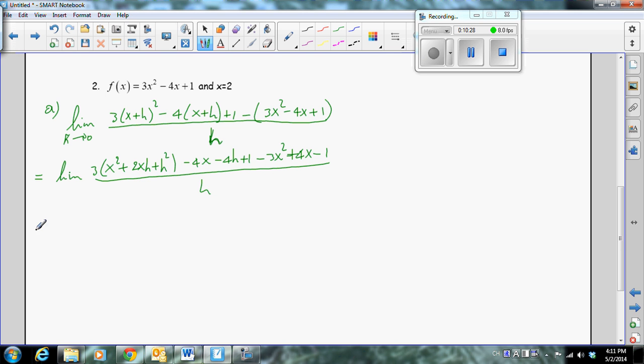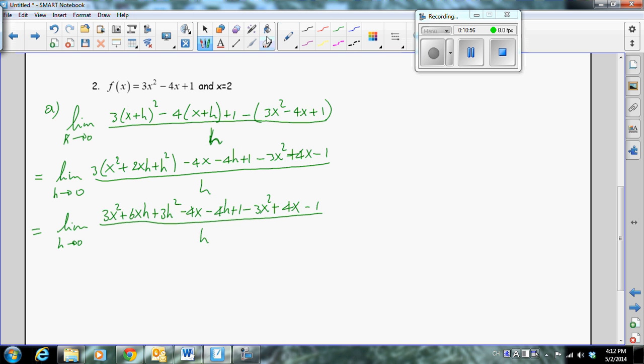I will do one more line with details. h still is going to 0. Limit as h goes to 0 of 3x squared plus 6xh plus 3h squared minus 4x minus 4h plus 1 minus 3x squared plus 4x minus 1, all over h.